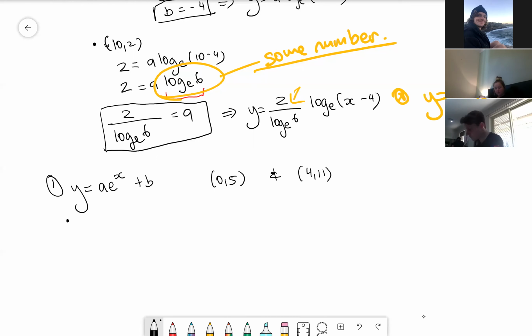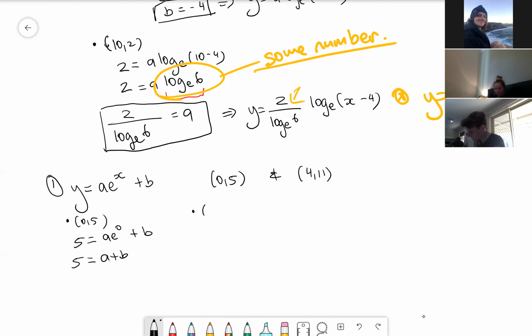So we'll sub in (0, 5) first. And we'll get 5 is equal to a e to the 0 plus b. E to the 0 is 1. So we just get 5 is equal to a plus b.